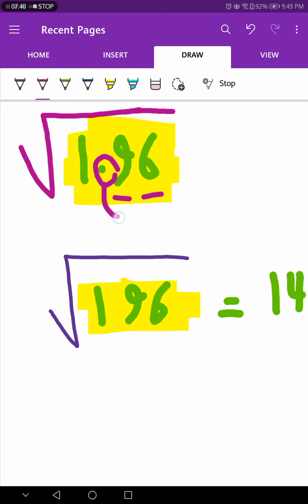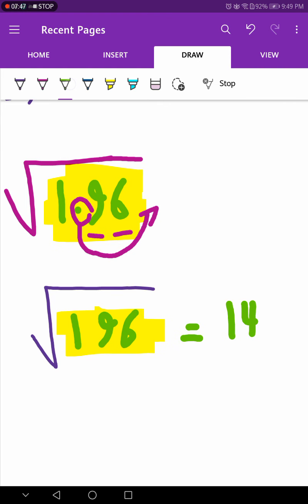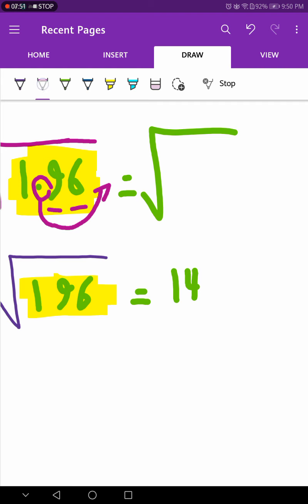So I need to rewrite this number as 196, but to make this correct, I need to put it over 100. Why? This is the fee that cost me to push the decimal point 2 digits.